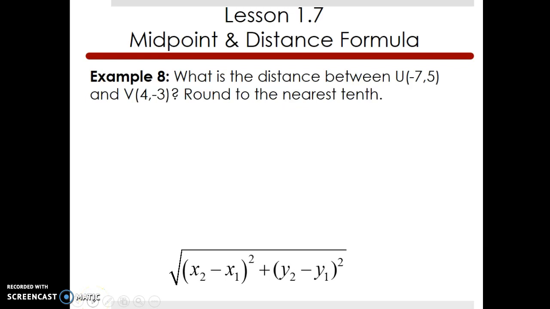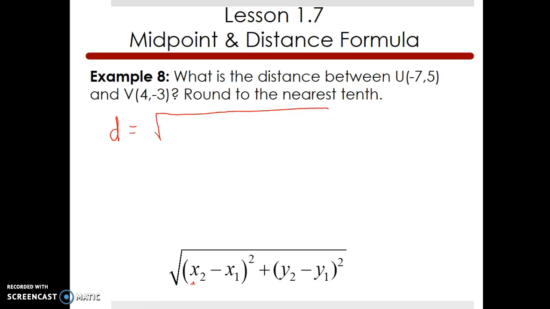All right, so what is the distance between u and v? And we have to round to the nearest tenth. Okay, so let's see this. So the distance, I gave you the formula here.